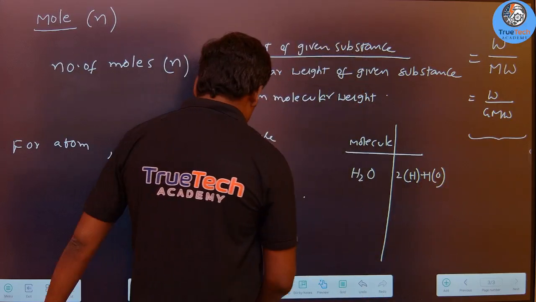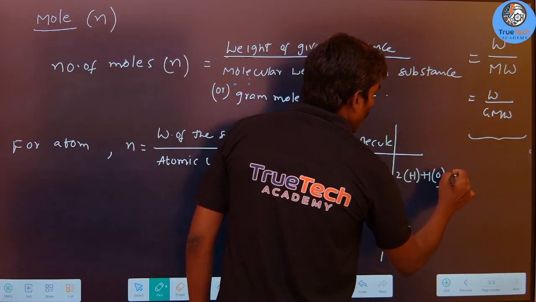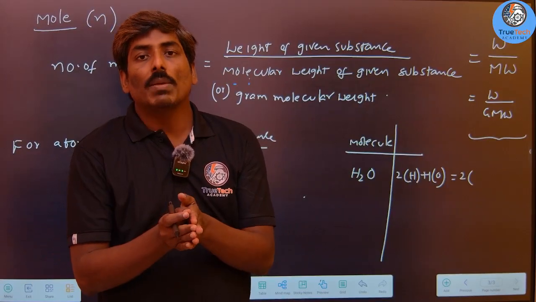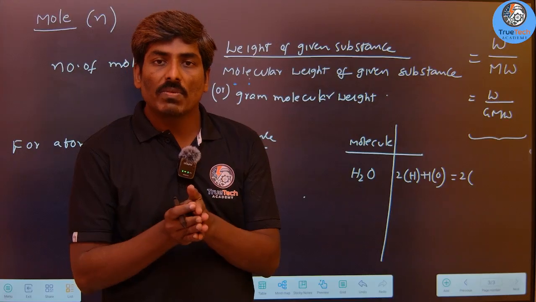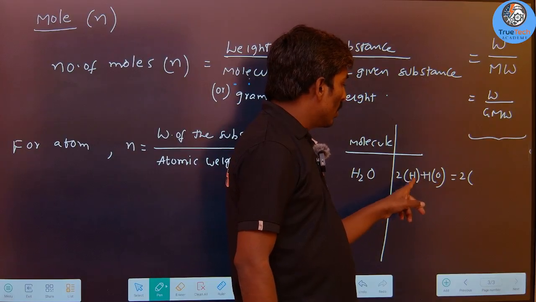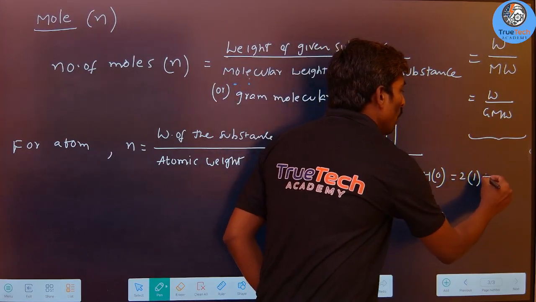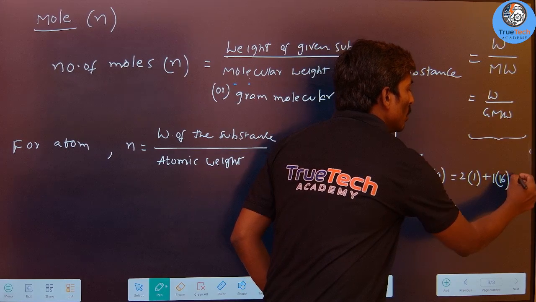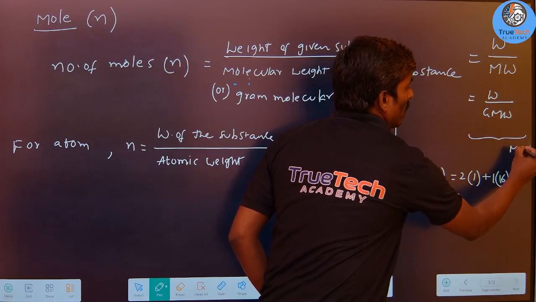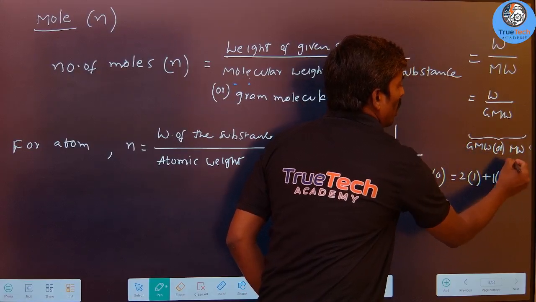Molecular weight is obtained by adding the atomic weights times the number of atoms. So 2 into the atomic weight of hydrogen, which is 1, plus 1 into the atomic weight of oxygen, which is 16. You get 18. This is the molecular weight or gram molecular weight of water.